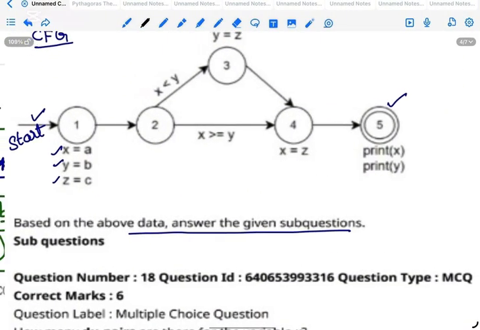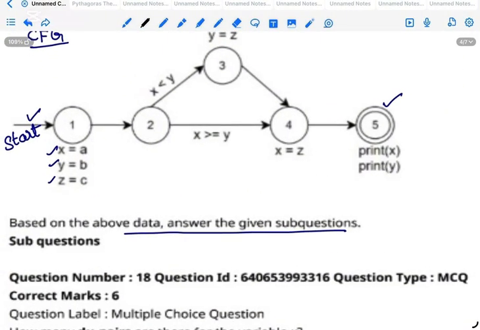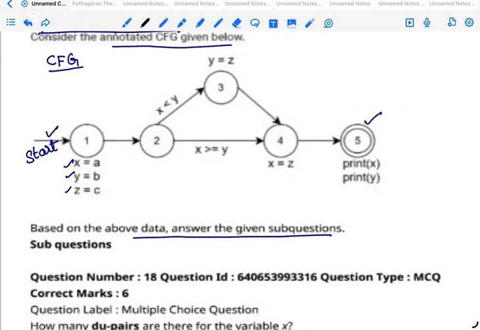These 3 variables x, y and z are defined at node 1, that is a, b, c. Variables x and y are redefined at node 4 and node 3, the redefinition of x and y.